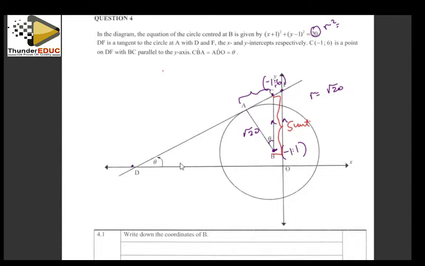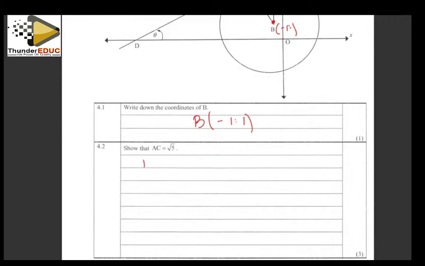Then we can find our AC using the theorem of Pythagoras. Why are we using it? Because DAB is going to be 90 degrees, because the tangent is perpendicular to the radius. So DAB is 90 degrees, and BC is 5 units.